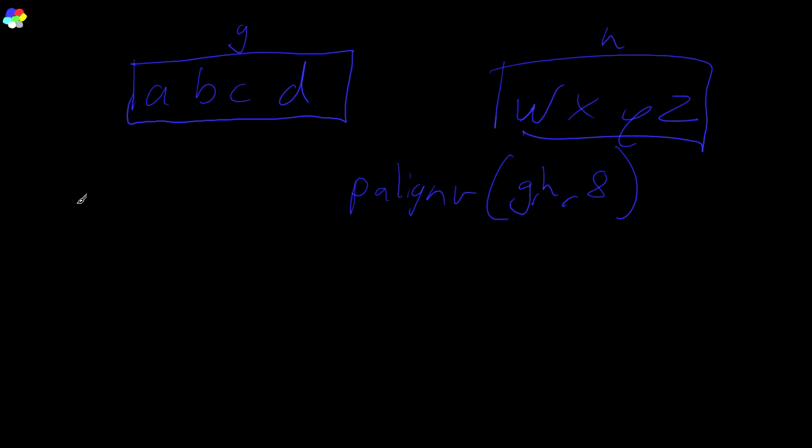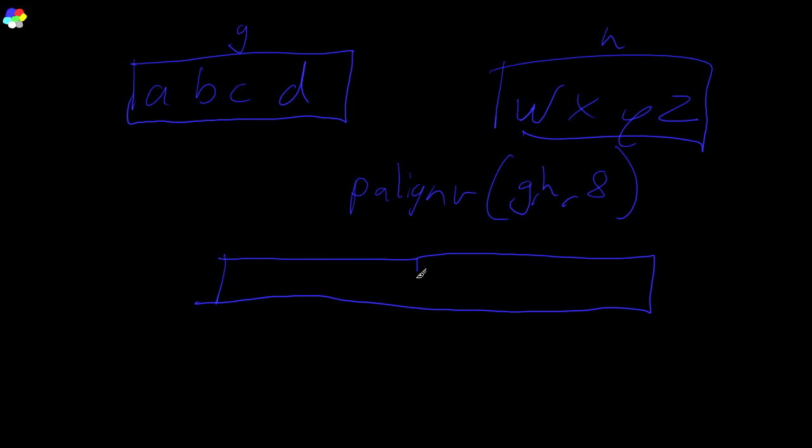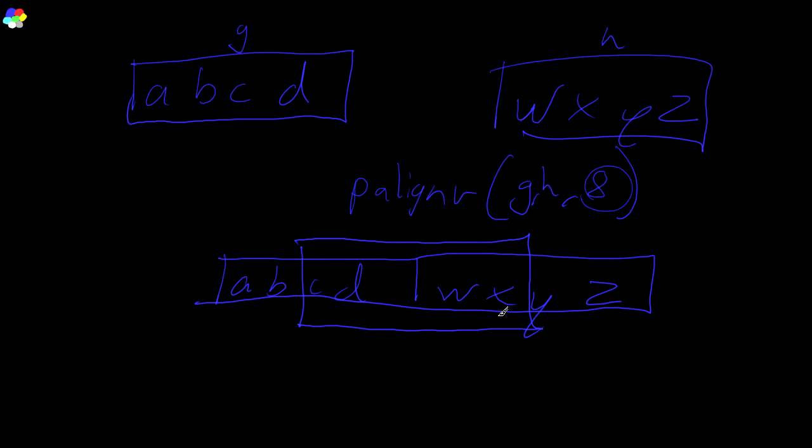And what that'll do is it basically concatenates G and H together, A, B, C, D, W, X, Y, Z, and then it takes an offset from the beginning of this number here. So 8, the offset would be here. And it gives you the 128-bit value, which is in this window here. So the offset value slides this window around.